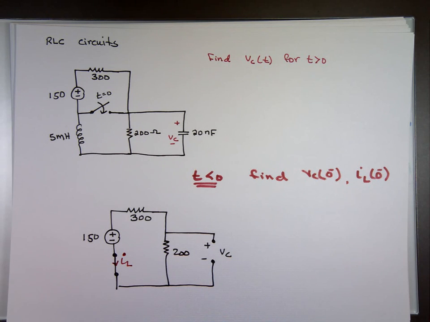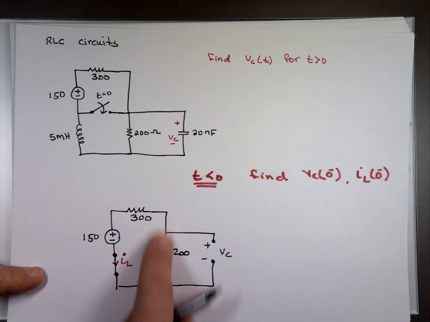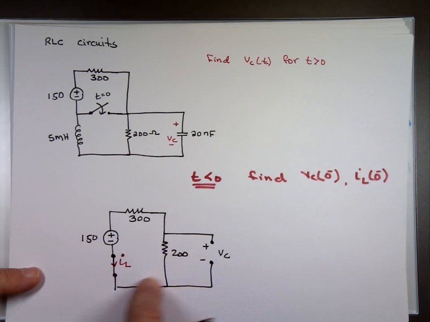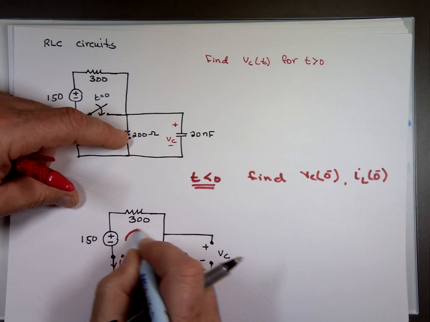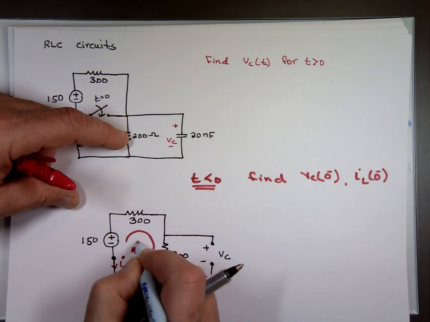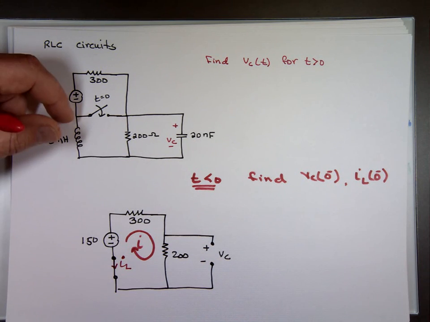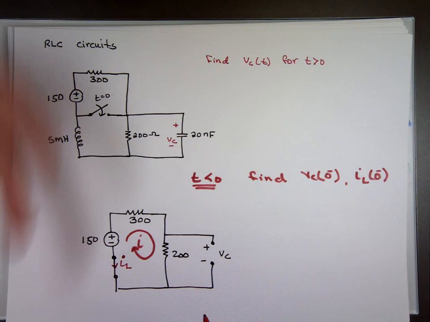In the problem there, they define I sub L as the current going that way. So you only have one source, minus to plus, going to force the current to travel this way. Let's call that I, not I sub L.